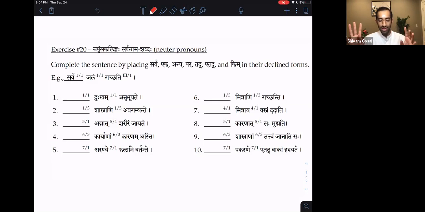Fourth case, tasmai, tabhyam, tebhyah. Fifth case, tasmat, tabhyam, tebhyah. Sixth case, tasya, tayoho, tesham. Seventh case, tasmin, tayoho, teshu.